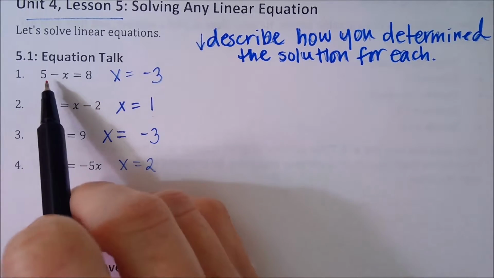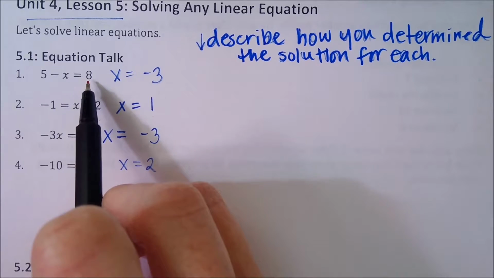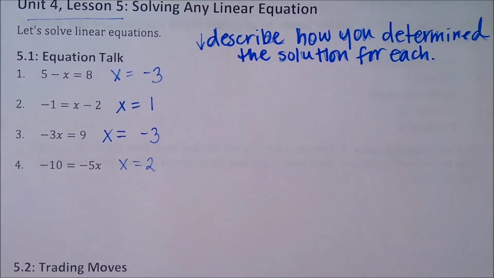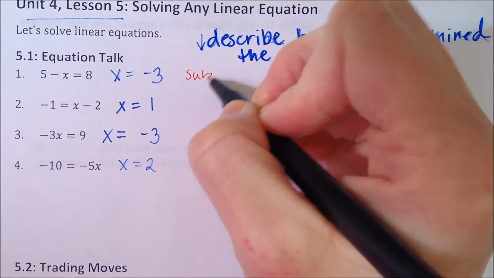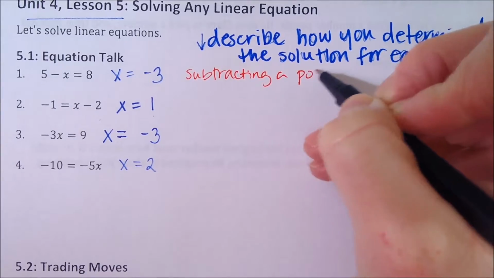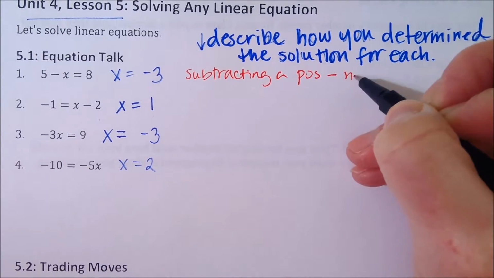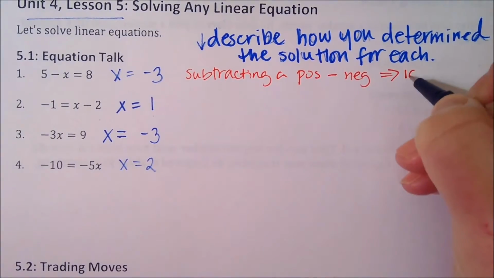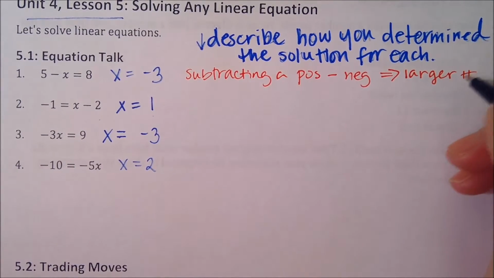But in this case, after we subtracted, we actually ended up with more. The only way to subtract and end up with a bigger number is if you subtracted a negative. So positive minus negative gets you a larger number.